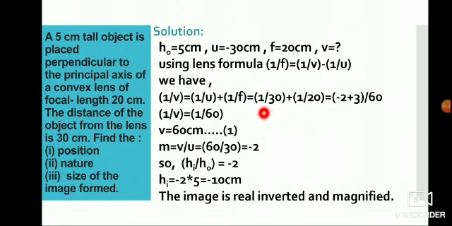Here, this is 1 by u, it's 1 by minus 30, so minus and minus plus. When you shift it here, this has to be minus. So the LCM of 30 and 20 will be 60.